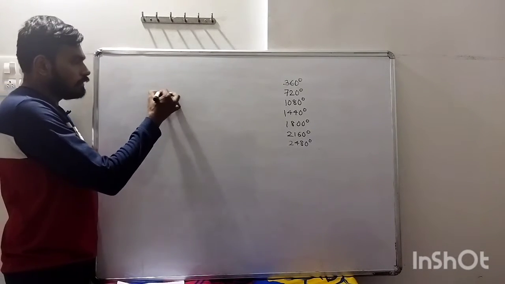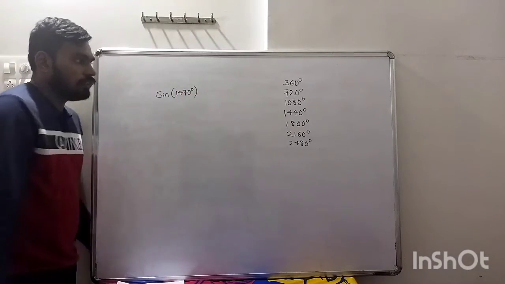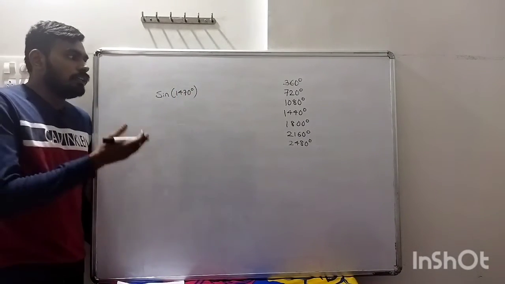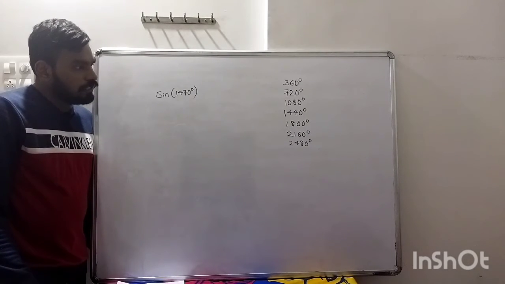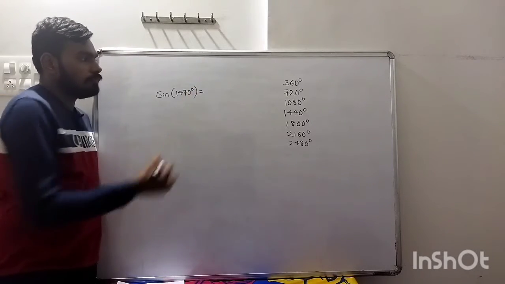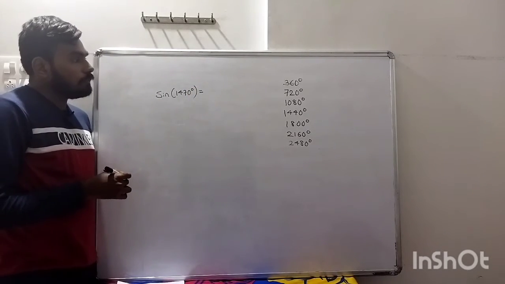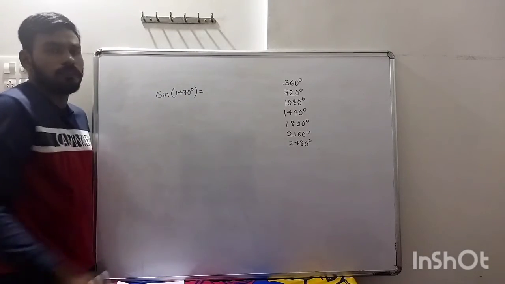Now, if you are asked sine of 1470 degrees, what to do? And in radians also it is easy, don't worry. For sine of 1470 degrees, see where it is. It is near this 1440.